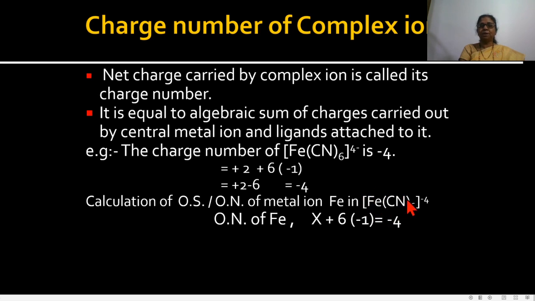The sum of these charges is equal to the net charge or charge number, which is -4. Therefore, X minus 6 is equal to -4, and so X is equal to +2. The oxidation number of Fe is +2. In this way, from the charge number, we can calculate the oxidation number of the central metal ion.